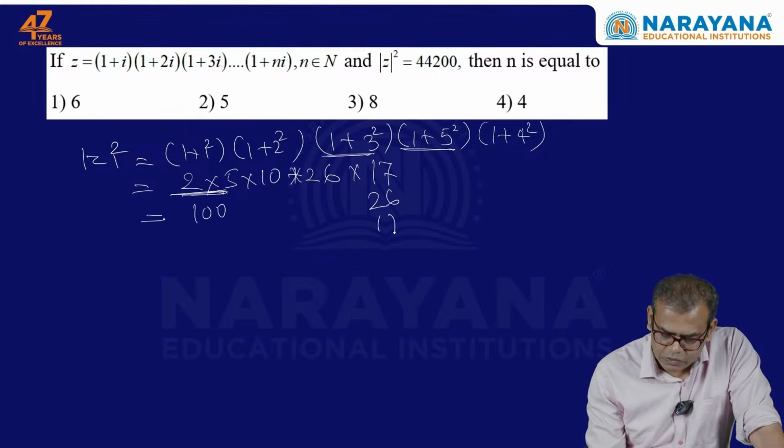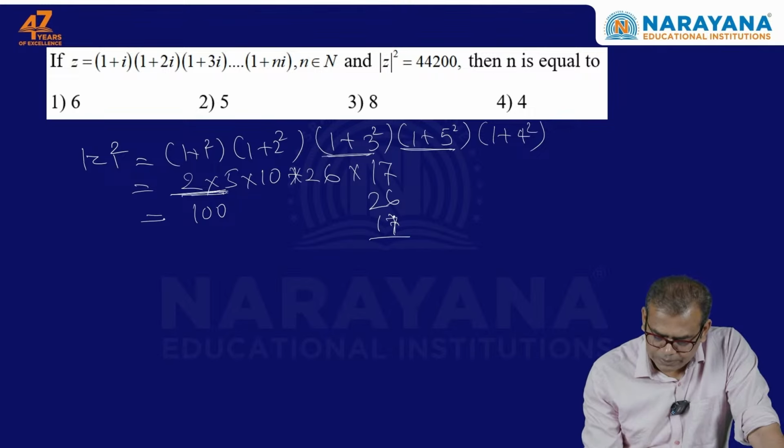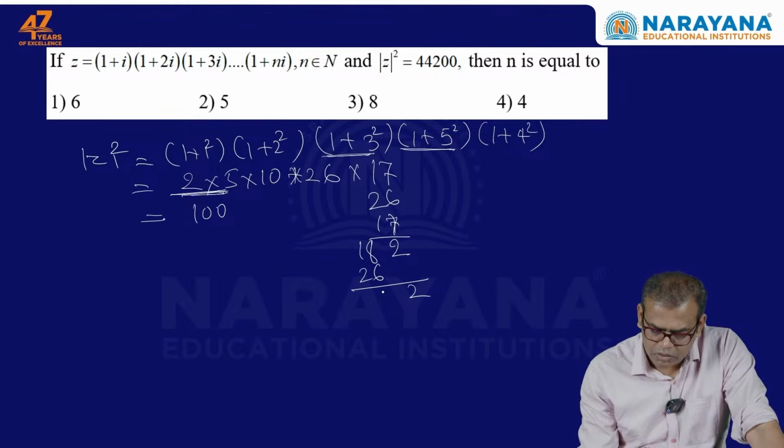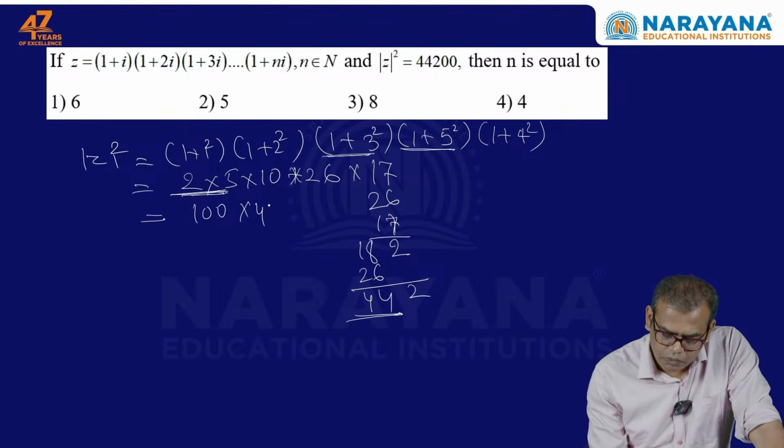And 26 into 17, check the last digit, 2 is coming. 6 into 7 is 42, then 4, 18, 2 plus 1 is 3, and 3 plus 1 is 4. So the total is 442 00 coming. So the value of n is equal to 5.